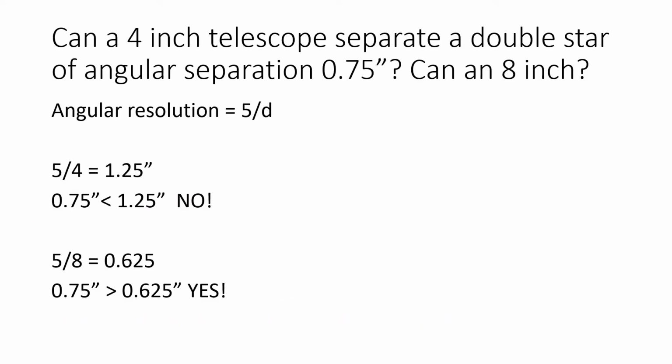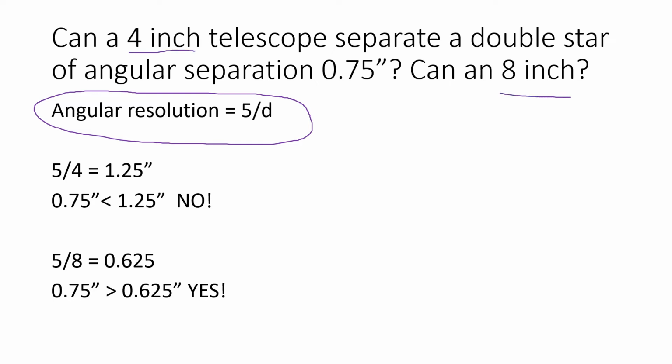So here is a common example. Can a 4-inch telescope separate a double star of angular separation 0.75 seconds of arc? Can an 8-inch do it? Well, for each telescope, you need to calculate the angular resolution. And the angular resolution is the number 5 divided by the aperture in inches. So you'll notice that the aperture is given in inches.